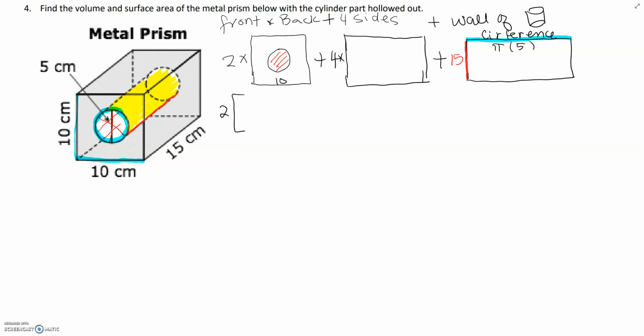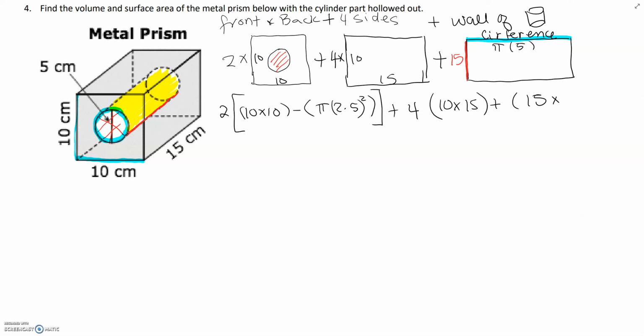This is a 10 by 10, so that would be 100, minus the circle, pi r squared, where r is 2.5, plus 4 of what? 4 of 10 by 15, plus the wall of the cylinder, which would be 15 by the circumference, and the circumference is pi times the diameter, which is 5 pi.